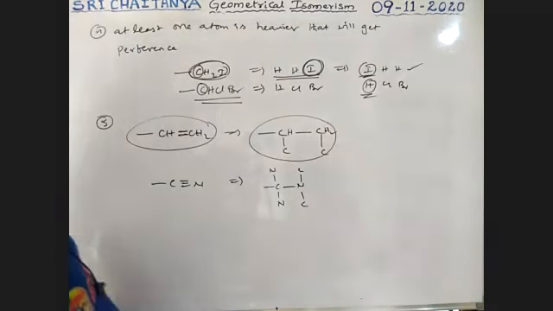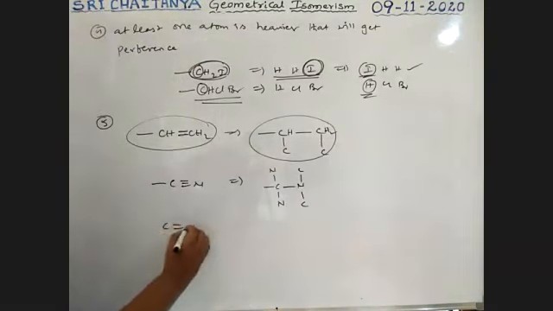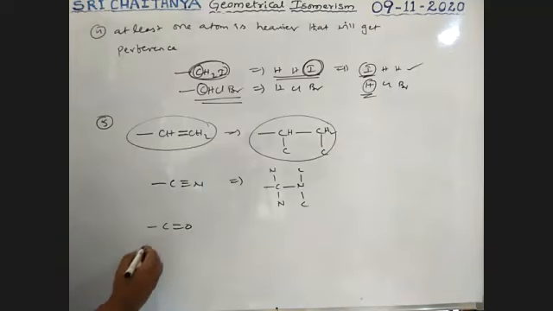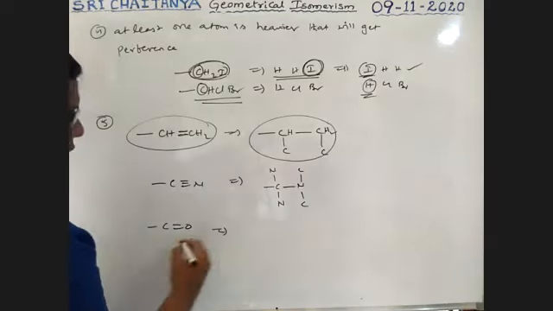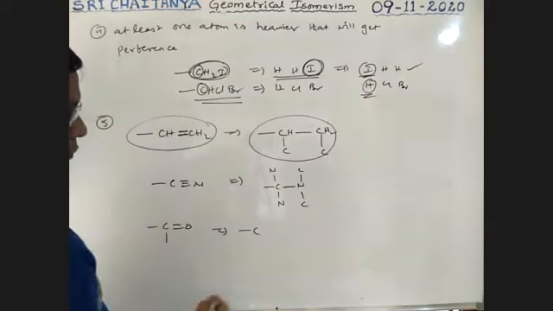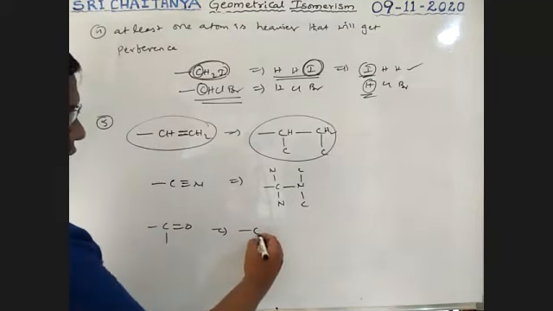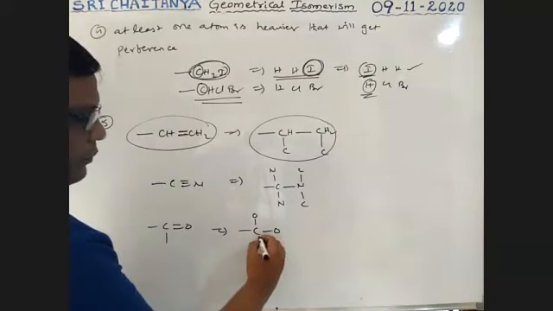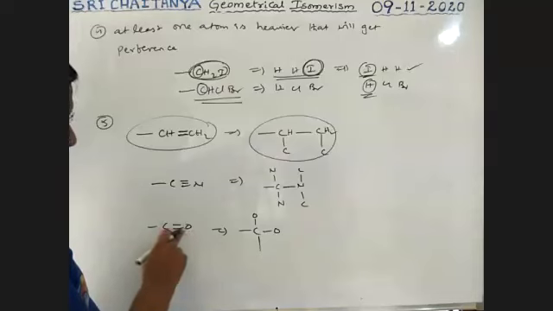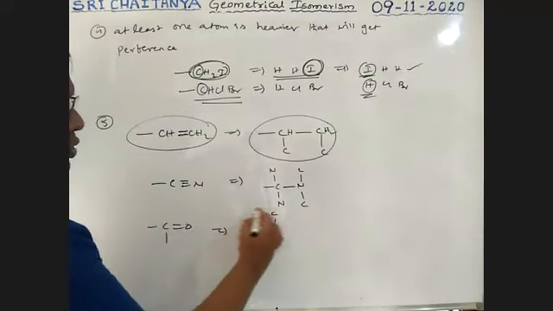By using this, for example, C double bond O. So CO group is there. That is nothing but carbon bonded with 2 oxygens. Oxygen bonded with 2 carbons. So these two are same.